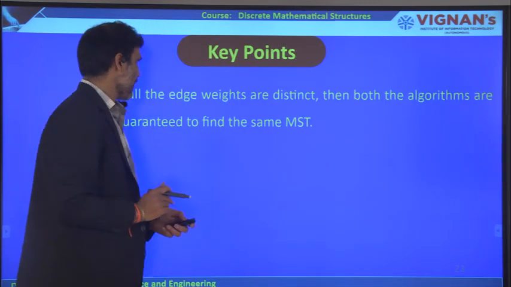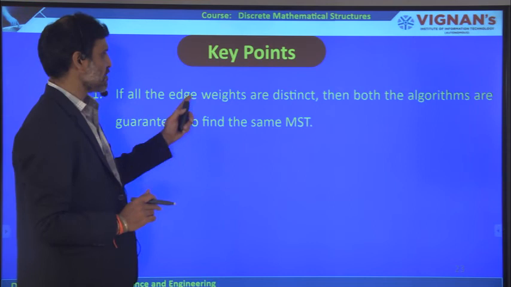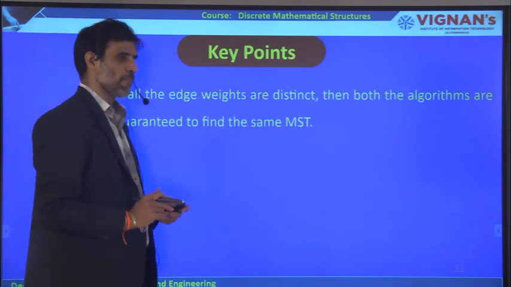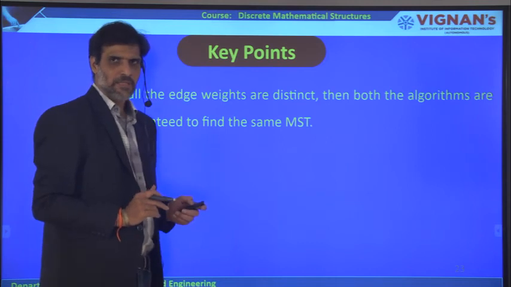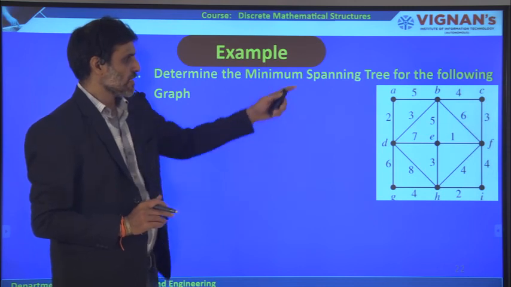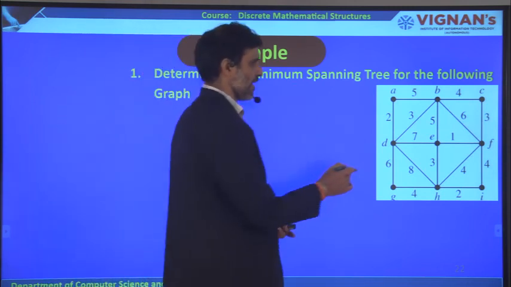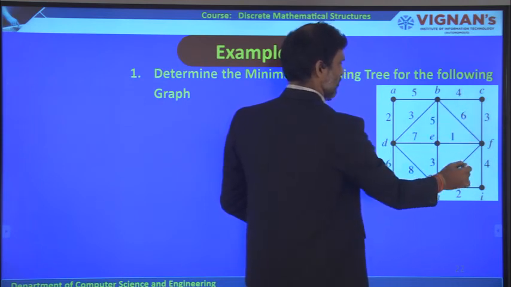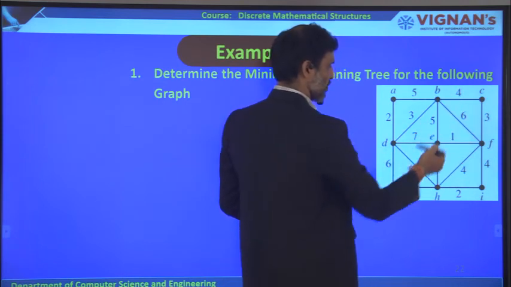Now the important key points are here. If all the edge weights are distinct, then both the algorithms are guaranteed to find the same minimum spanning tree. That means for a given graph, previously we have taken a graph. See here, 3 is repeated twice, 4 repeated, 3 repeated 3 times, 4 repeated 2 times, and 5 repeated 2 times.